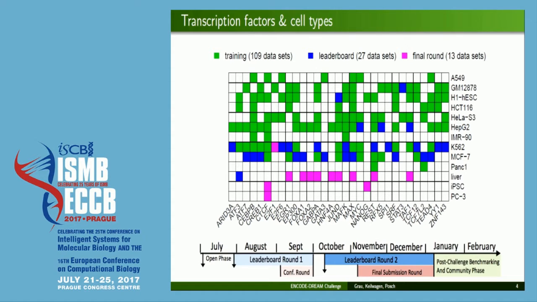And we had 13 data sets for a final submission round that were then used for scoring the challenge submissions. And as you may appreciate, most of those transcription factors for the final submission round have been measured in a liver cell type that never appeared in the training data and also appeared only once in the leaderboard data sets.